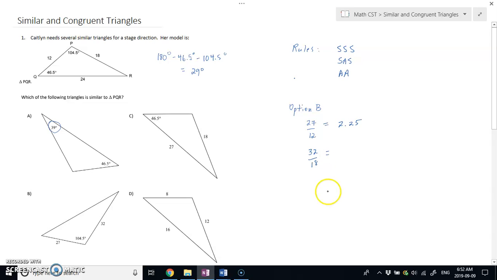We get 1.777. Well, basically 1.7 repeating. So in other words, the proportionality of the sides is not equivalent, and so therefore this option B is not similar.